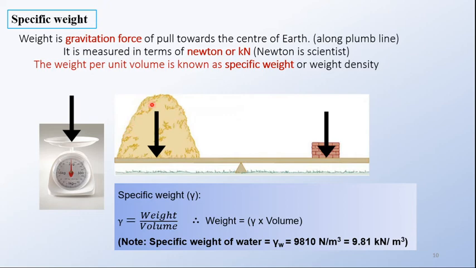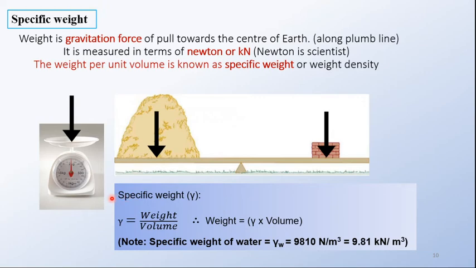So, this will also possess some weight. These bricks will also possess some weight. So, weight has got a direction as well as magnitude. That's why weight is a vector quantity, whereas mass is a scalar quantity.